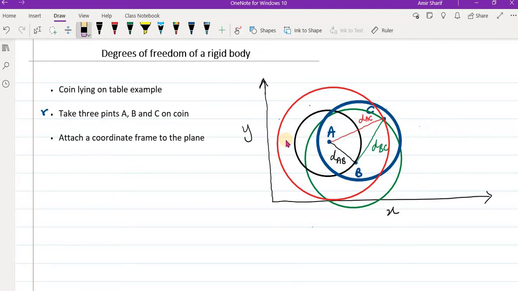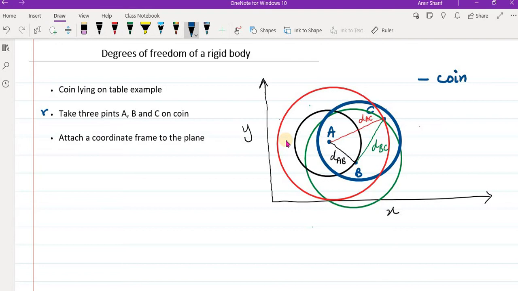So yes, now we shall write here, this line represents the coin.